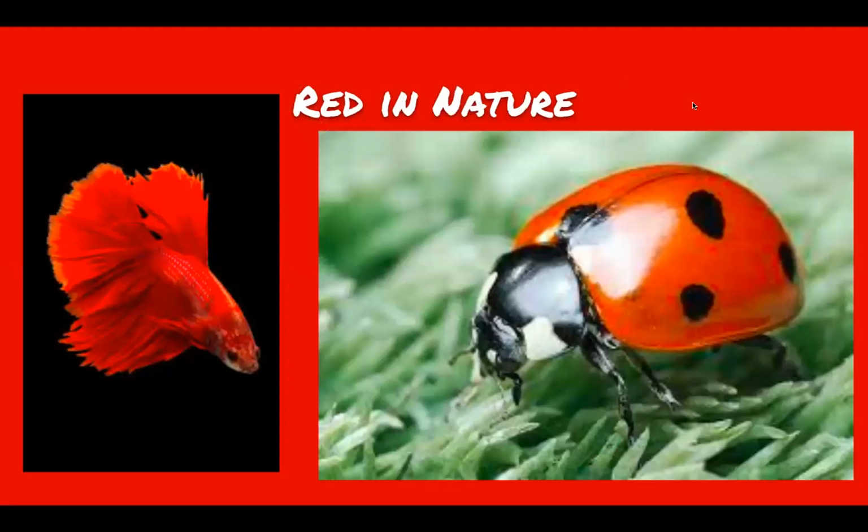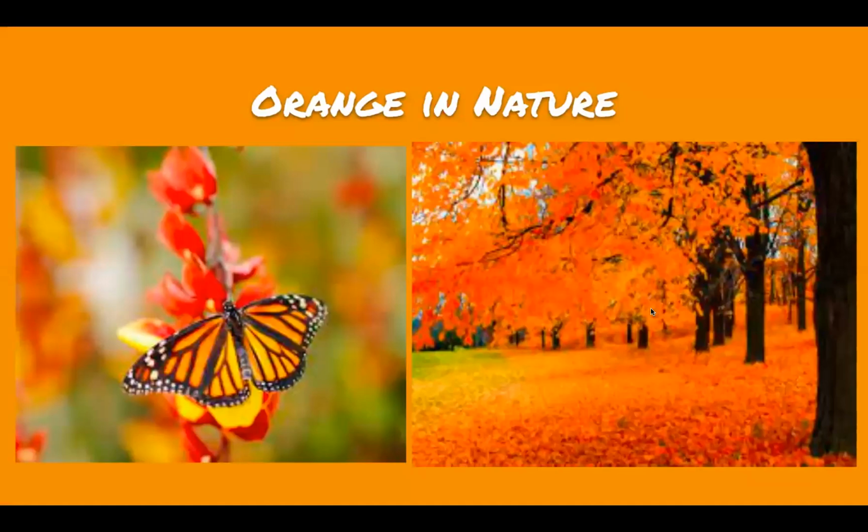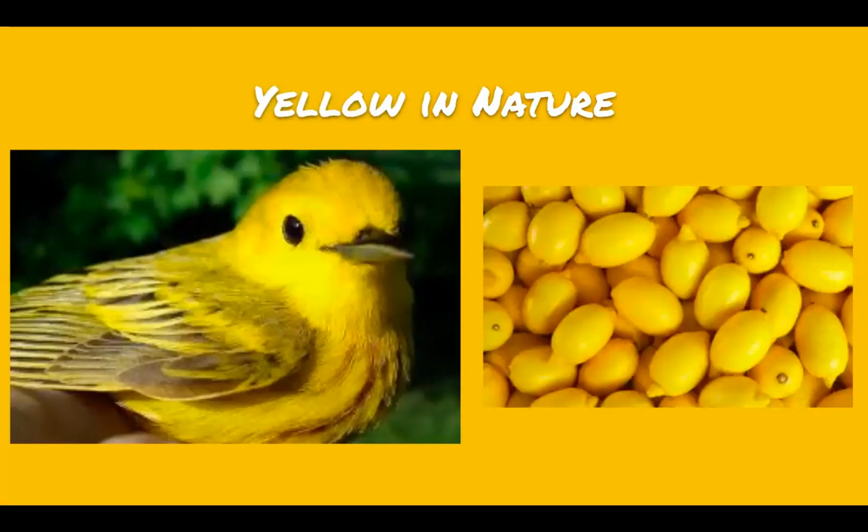When you think of red in nature, you might be able to find a fish like this betta fish. You might think of ladybugs. When you look for orange, you might find a monarch butterfly or fall leaves. When you look for yellow, you might find yellow birds or lemons.